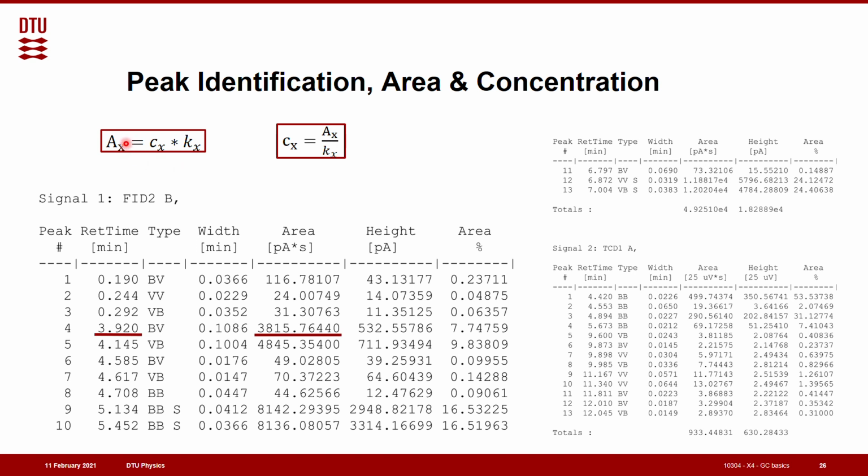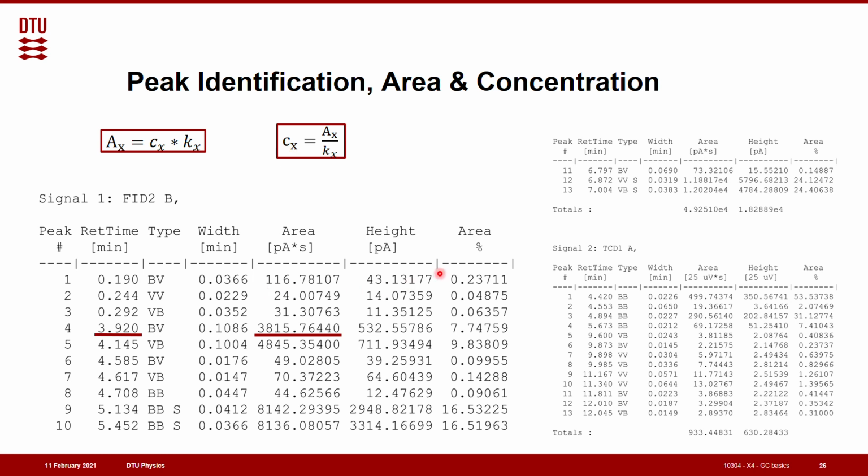So we can write up that the area of the peak of compound X equals the concentration in the sample times a calibration constant. And of course we can turn that around: if we know the area and the calibration constant, we can get the concentration of an unknown sample.